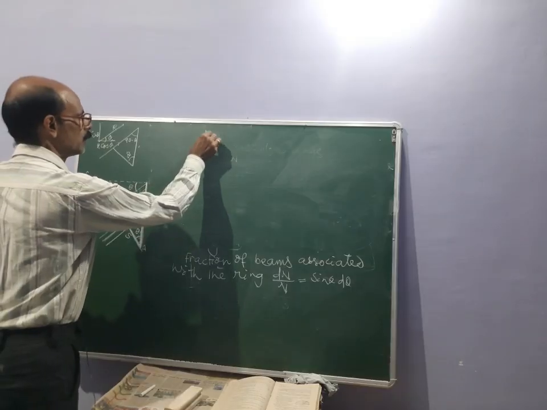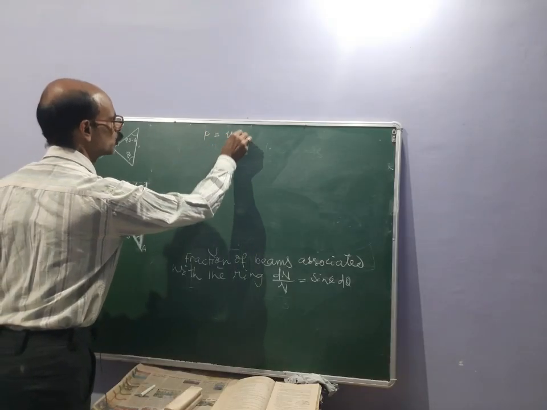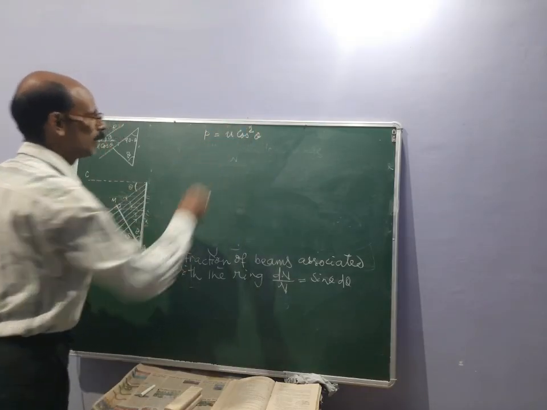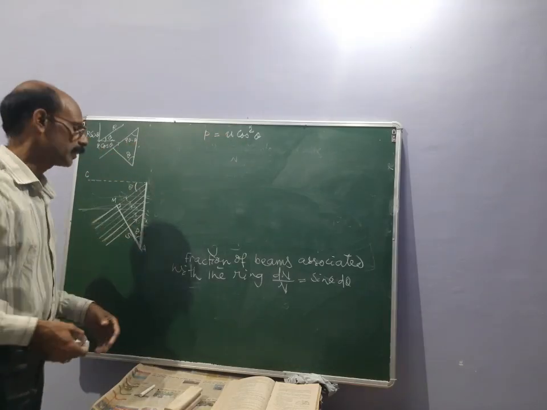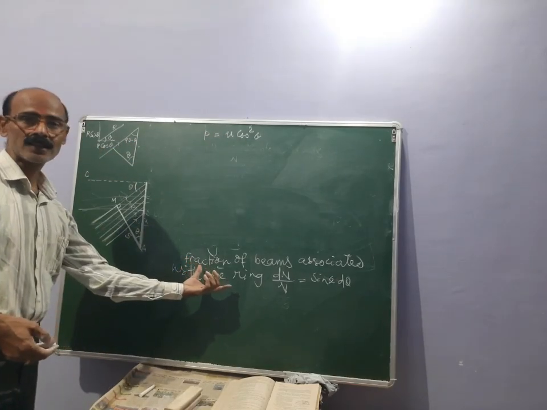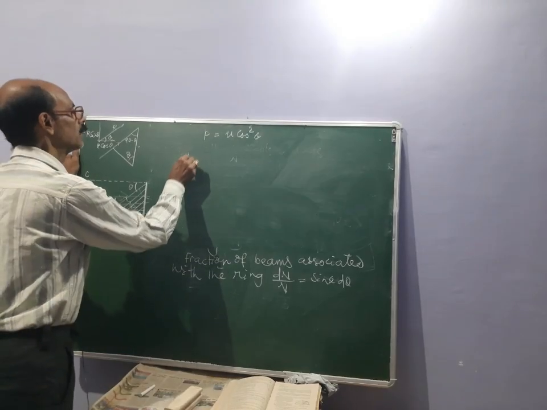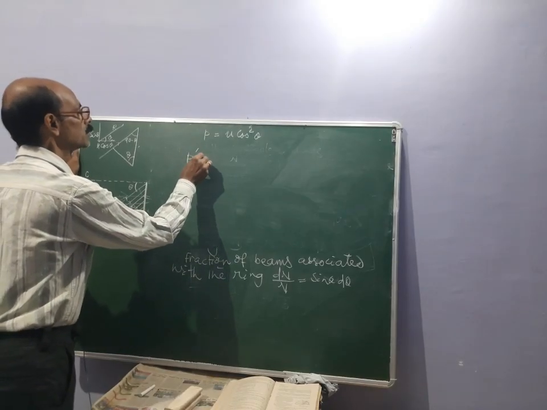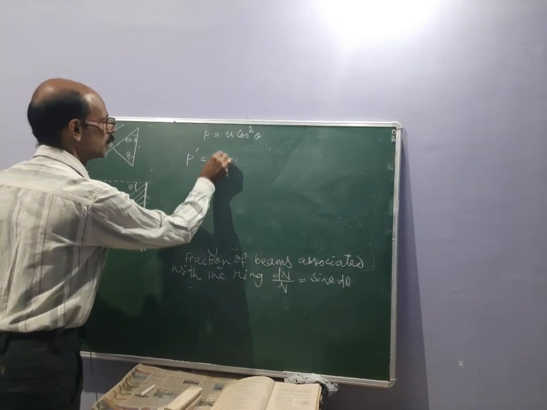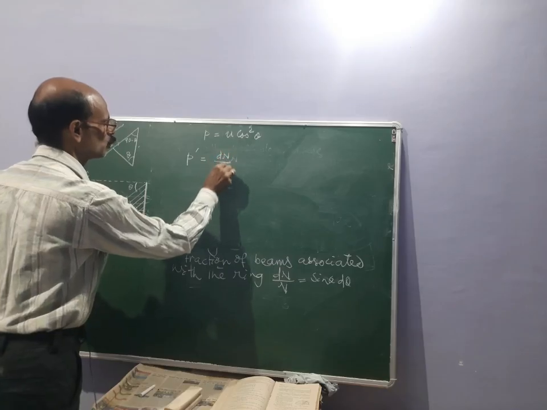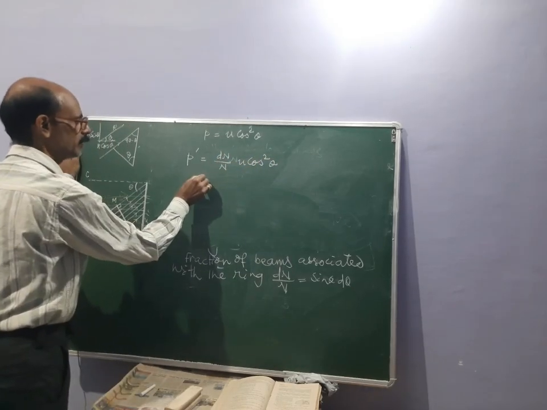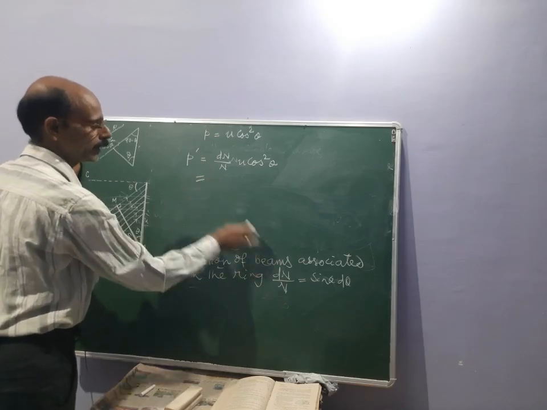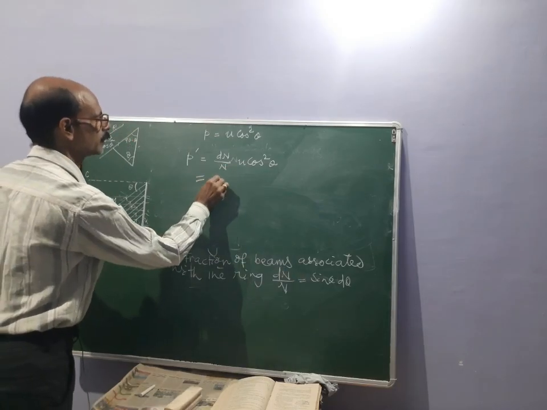Now we had obtained P is equal to u cos²θ. This is for a single beam. So for the fraction of beam associated with the ring, suppose P dash is equal to dn by n into u cos²θ, and that will be sin θ dθ, dn by n के जगह sin θ dθ.